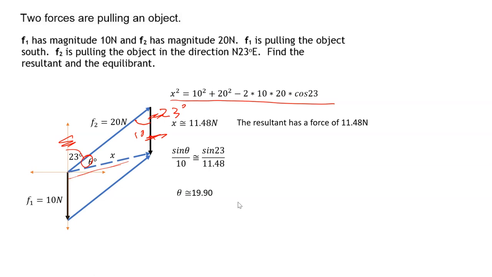But that's not the answer that I should give, just saying. Because remember that I need to add that to 23. Remember, this was given as being north 23 east. I have to give an answer like that. So that would be 43, and therefore north 43 east is the direction that this particular object would be going in when you are pulling with those two forces with this angle for the 20 Newton force.